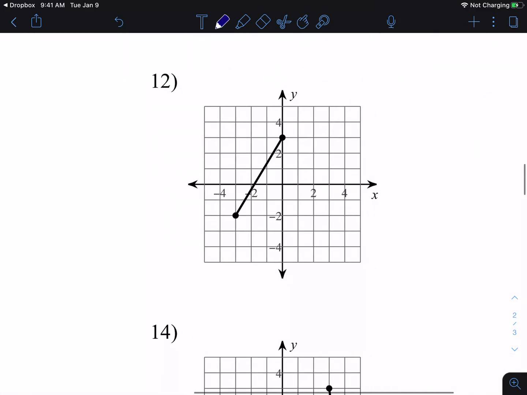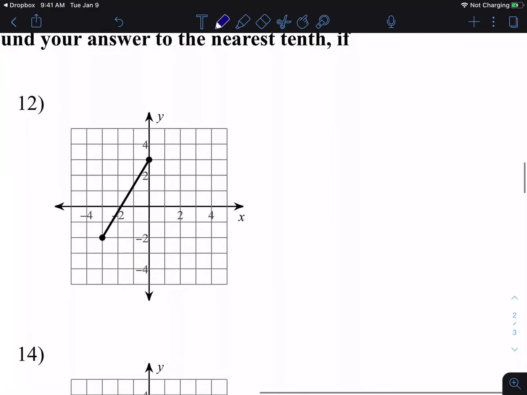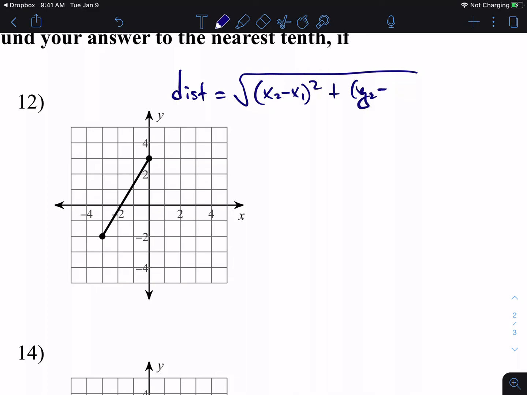I think what I'll do is go over to number 12 here because that one looks a little bit more interesting. But we're going to remind ourselves of the distance formula. The distance formula is the square root of (x2 minus x1) squared plus (y2 minus y1) squared.